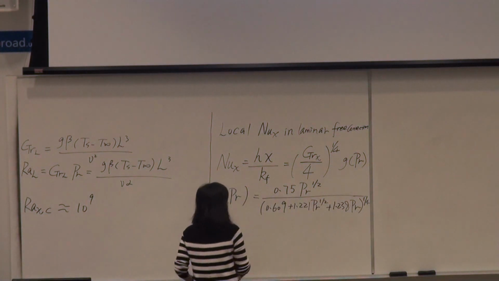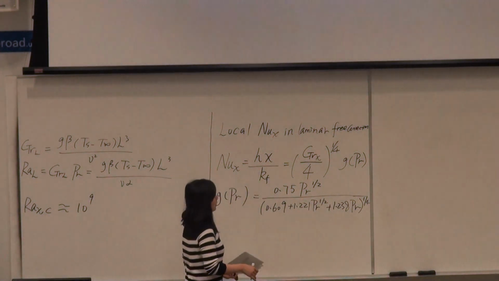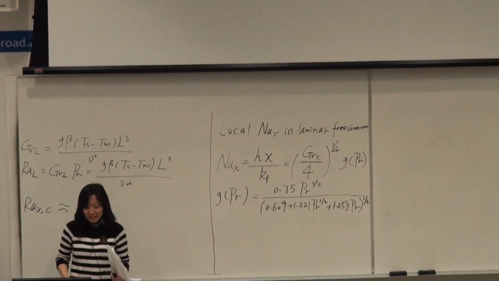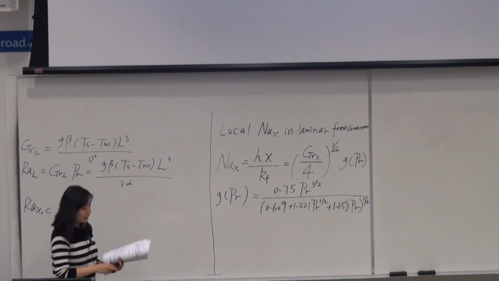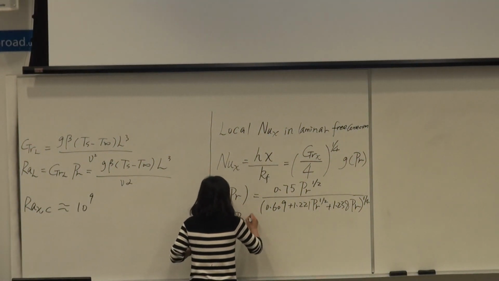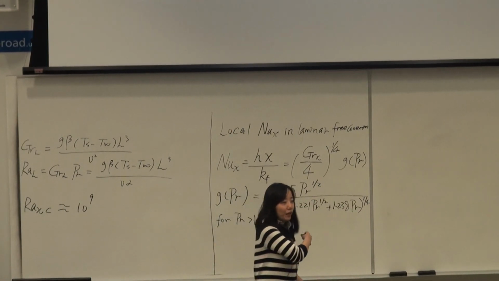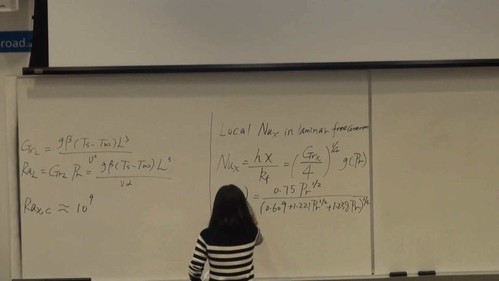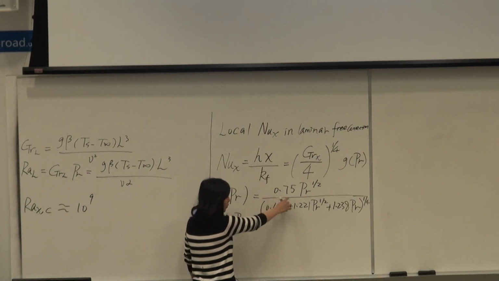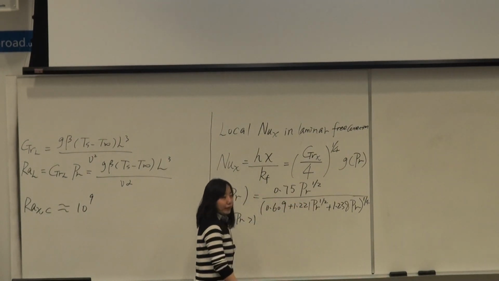For the case of a Prandtl number larger than 1, like water or oil, if we look at the expression, above we have Prandtl squared.